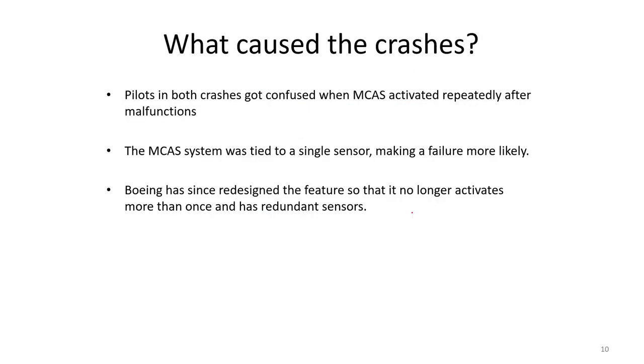So what investigators were able to determine was that pilots in both crashes got confused when the MCAS system kept activating repeatedly. And because the system was tied to a single sensor, failure was more likely. Thankfully, Boeing has since redesigned this feature so that the MCAS system has redundant sensors, and so it's much less likely to malfunction.